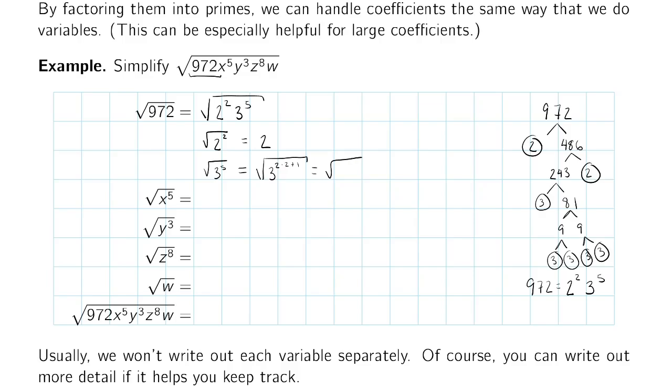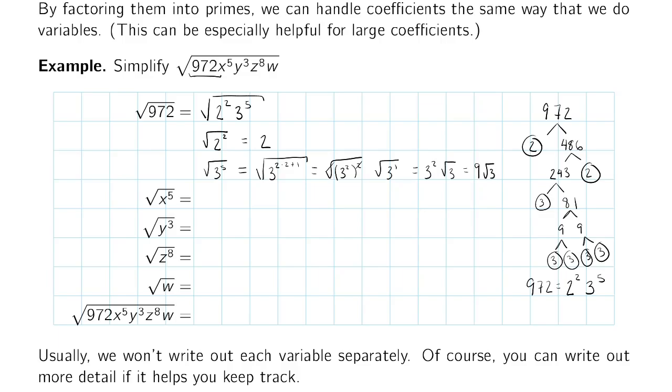That's the square root of 3 squared squared times the square root of 3 to the 1. Square root and the squared cancel out, and we'll have 3 squared times the square root of 3, or 9 times the square root of 3.